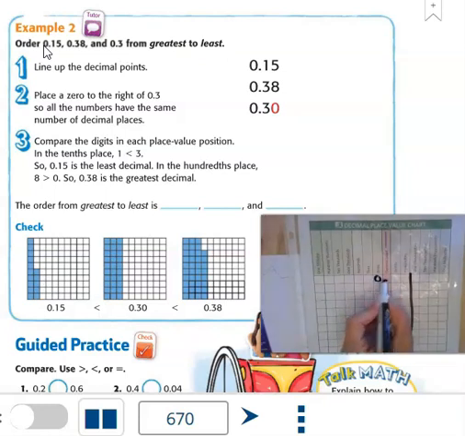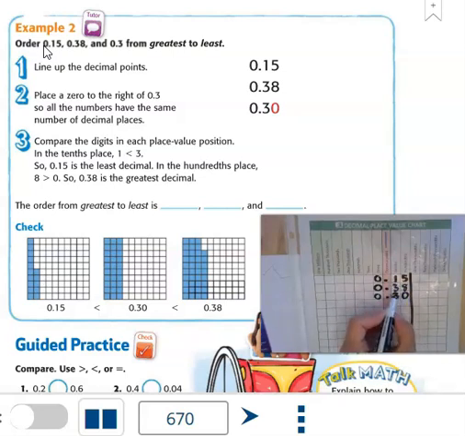So I have 0.15, 1/10, 5 hundredths. I have 0.38, 3/10, 8 hundredths. And I have 0.3, 3/10, which, as we learned from the other lessons, especially lesson 5, is 0 hundredths for this one.